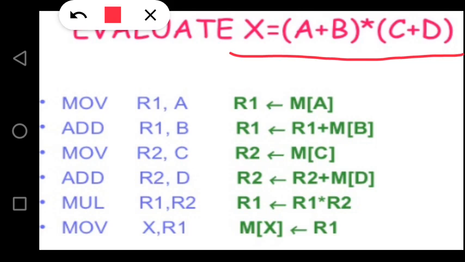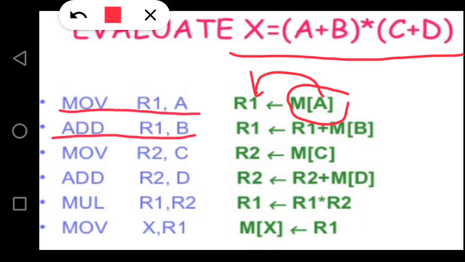Since there are only two operands, first you have to move the value of A to R1. This is the first instruction, because R1 is the register that should contain some input data, and also it is responsible for storing the result. So add R1 comma B.